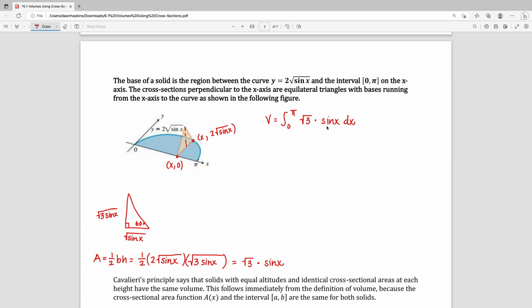The derivative of cosine x is negative sine x. So when we integrate sine x, we'll get a negative cosine x. So we're going to have negative square root of 3 cosine x. And we're going to look at that from the interval 0 to pi.